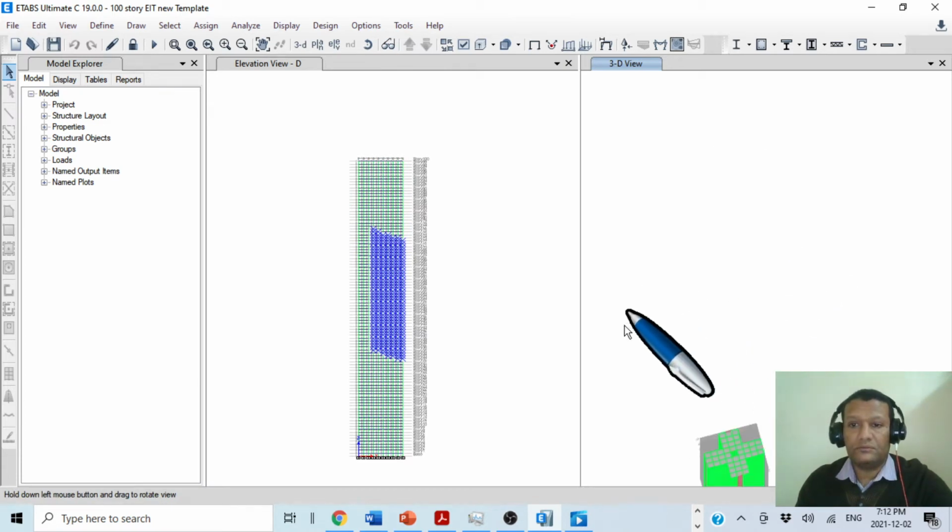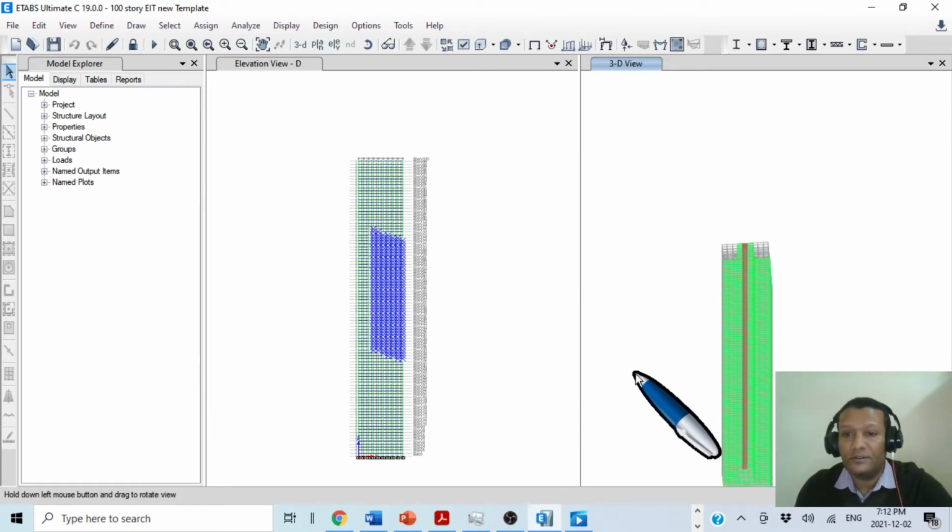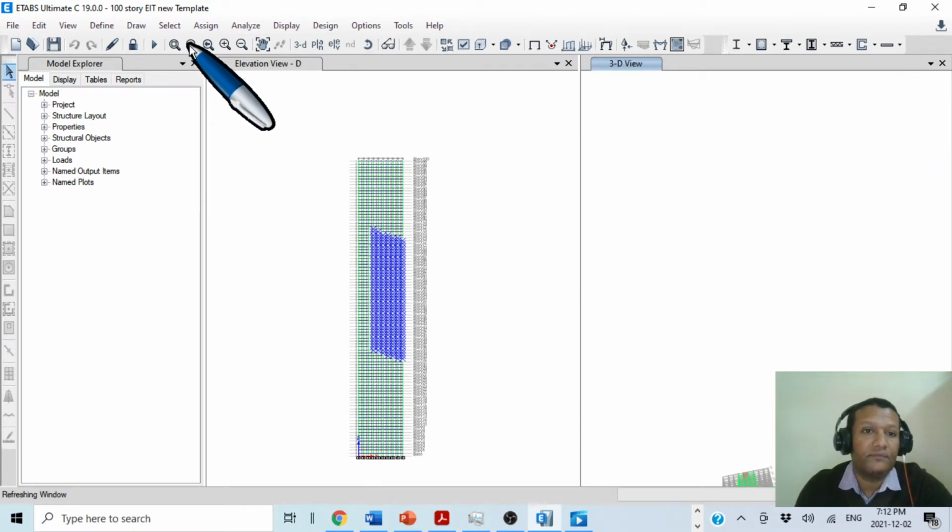So both 100 story and 44 story, we will use for our analysis.